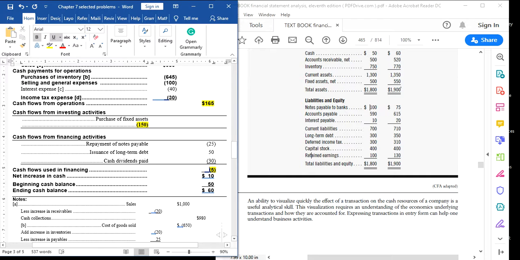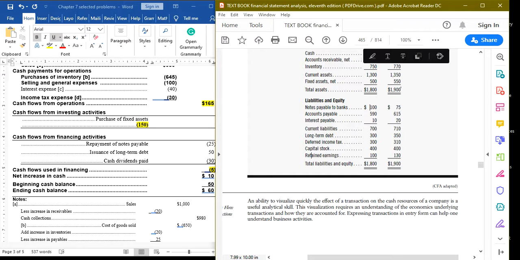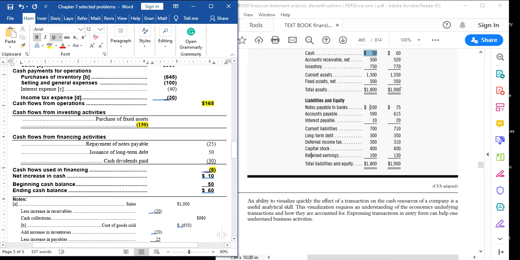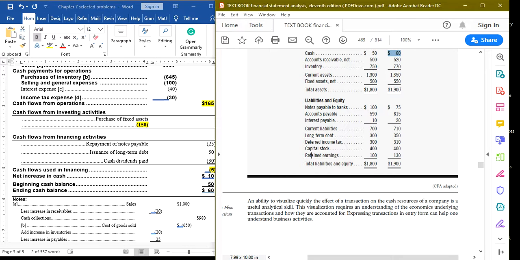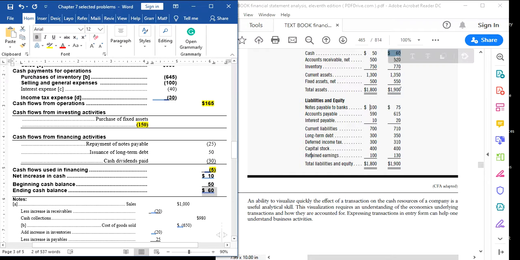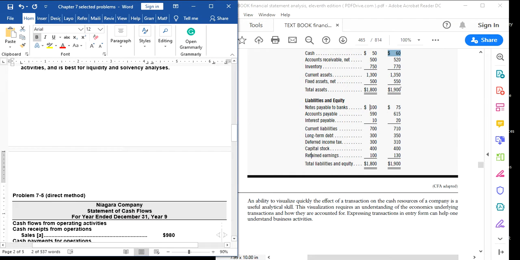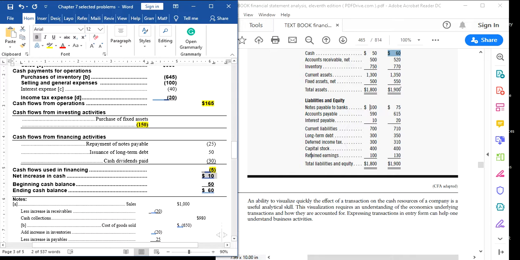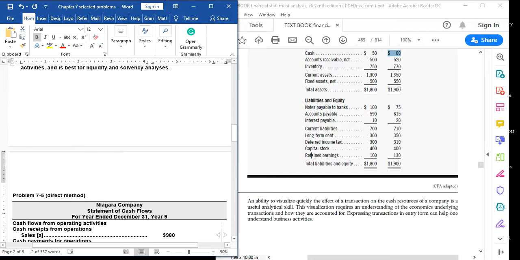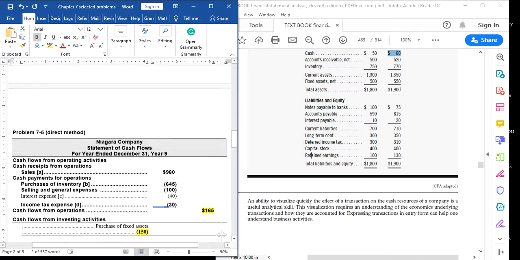Okay, so cash at the beginning was 50 and at the end became $60. So $10 increase in net cash. So that was the computation of cash flow using the direct method.